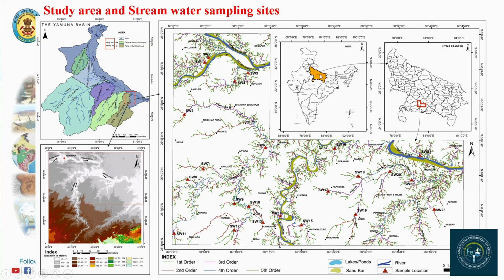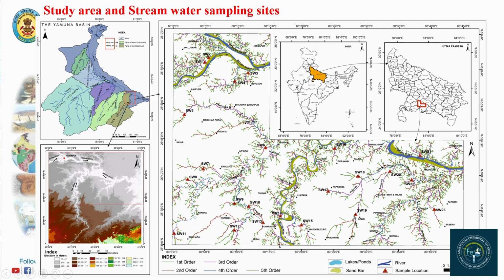This brown is our state, Uttar Pradesh, and here the triangle marks the study area. These are the 23 samples that I have plotted as triangles: SW1, SW2, SW3, SW4, like that, up to SW22 and SW23. The 23 samples were plotted on the drainage.